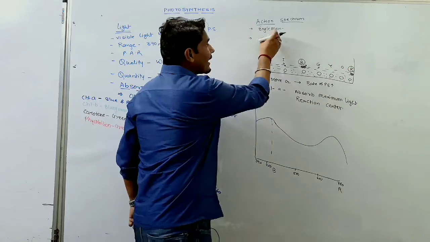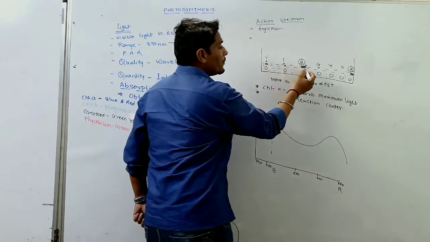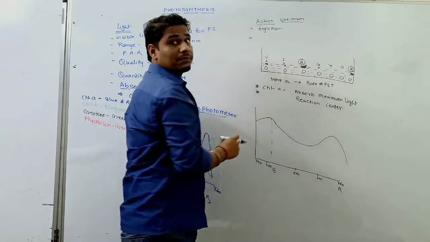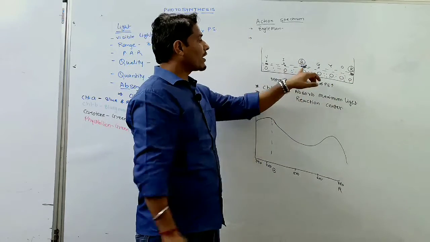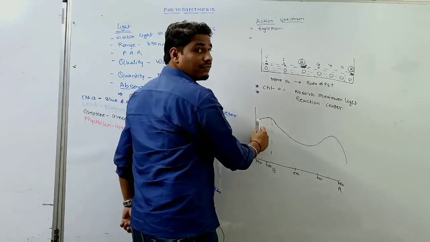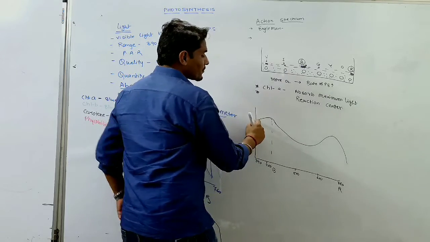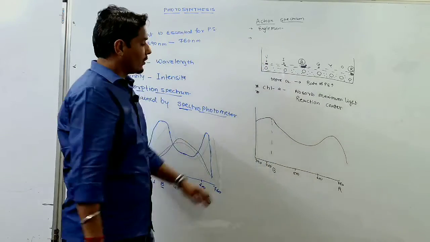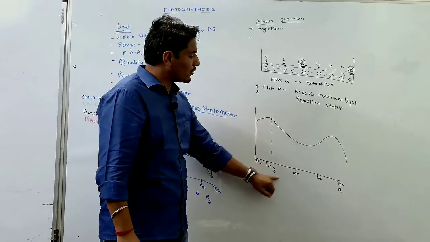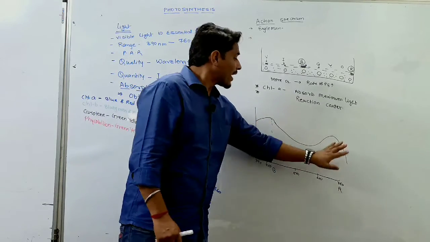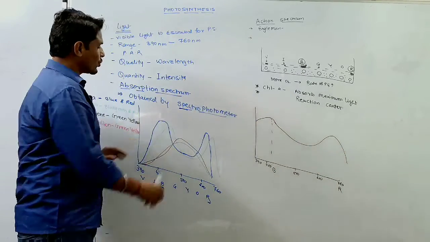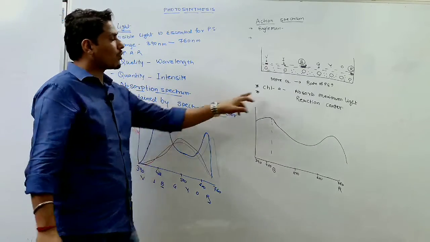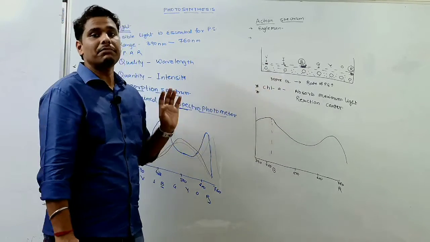Engelmann concluded that at the blue region and at the red region maximum oxygen evolved. He plotted a graph against absorption and got two peaks, one at the blue region and one at the red region. This graph was superposed on the absorption spectrum, and he concluded that chlorophyll A absorbs maximum light.